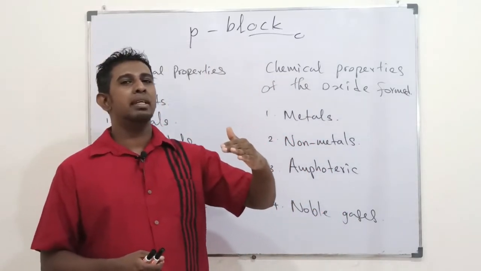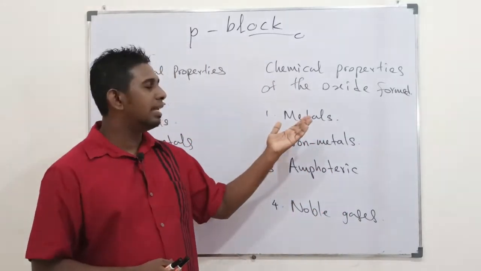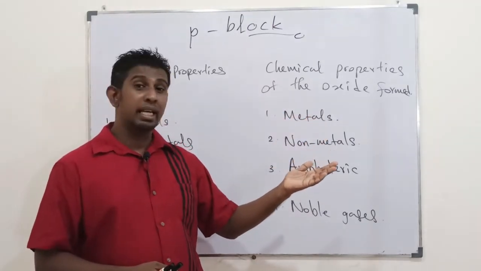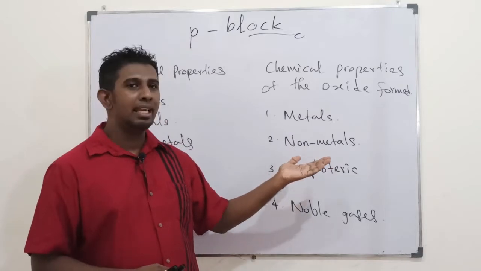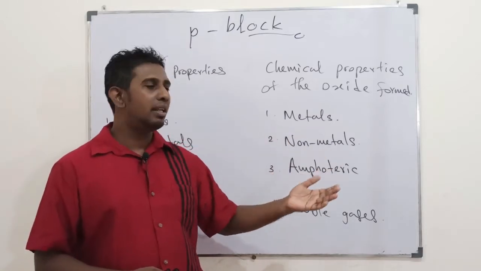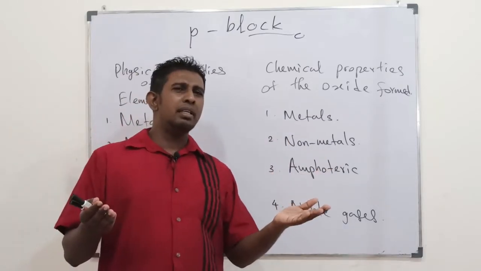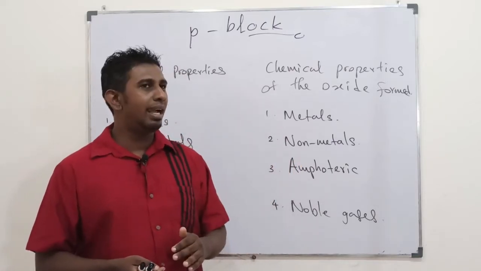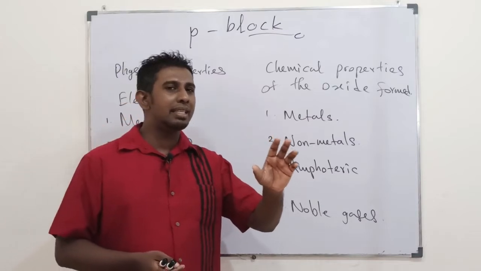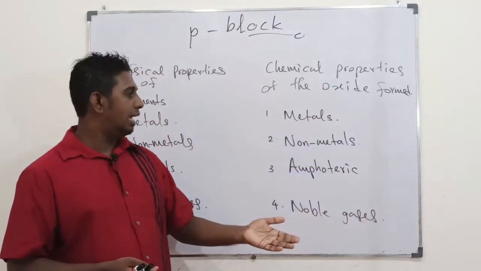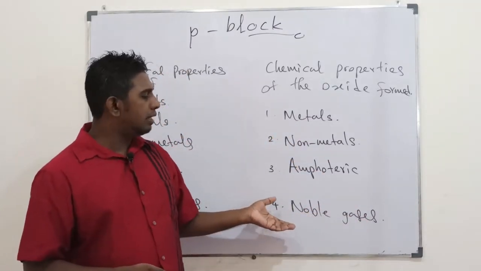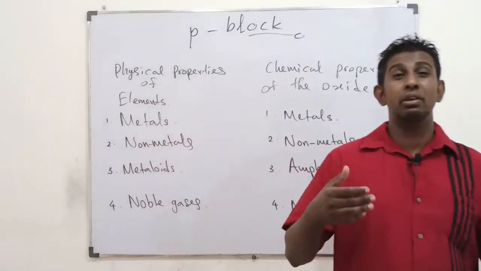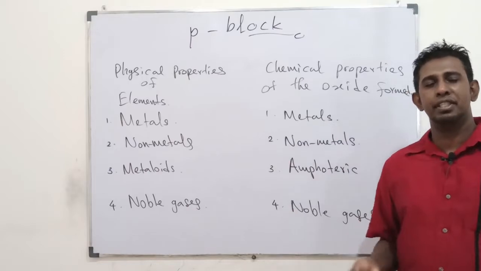Any element forming all its oxides as acidic is a non-metal. If all the oxides formed by an element are amphoteric, the element is an amphoteric metal. Then the others are noble gases. Here also helium, neon, argon, krypton, xenon, radon, those which do not form oxides.